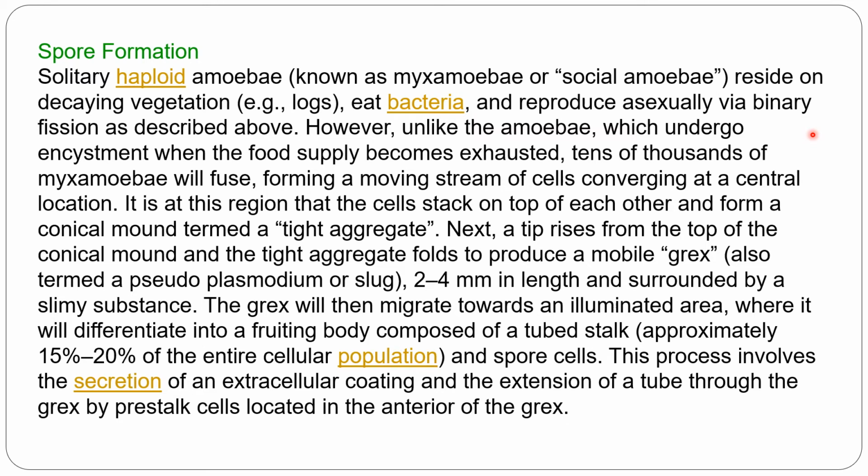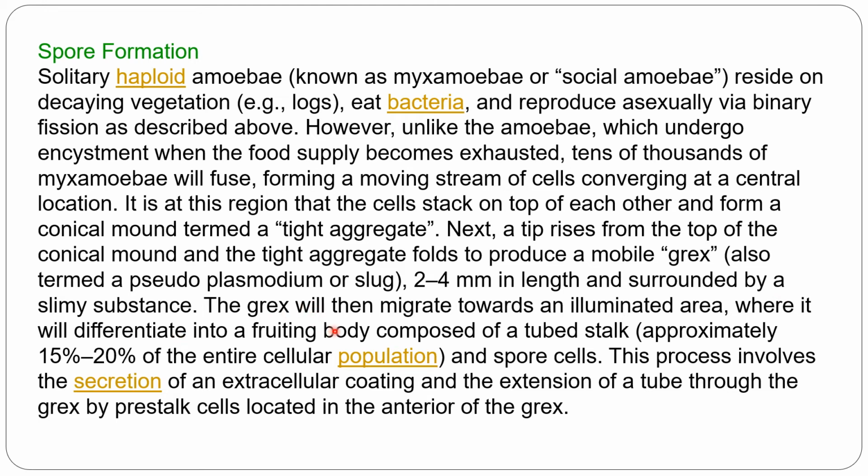termed a tight aggregate. Next, a tip rises from the top of the conical mound and the tight aggregate folds to produce a mobile grex, also termed a pseudoplasmodium or slug. It is 2 to 4 mm in length and surrounded by a slimy substance.